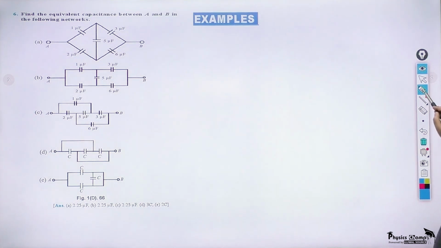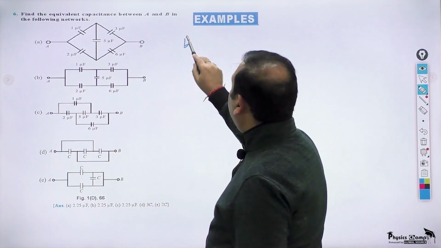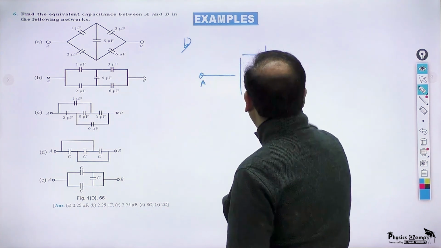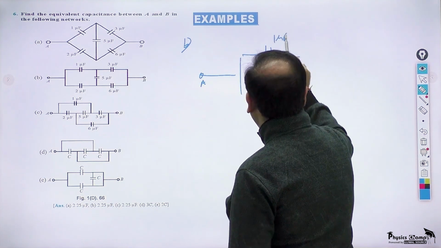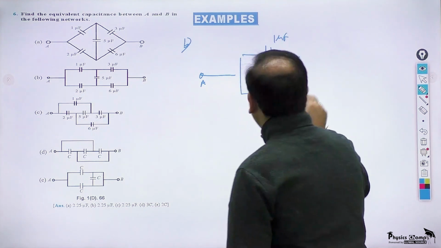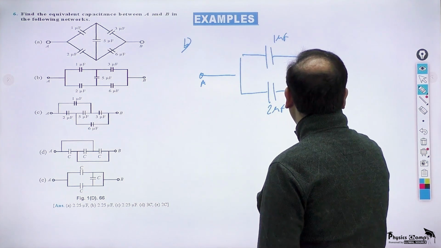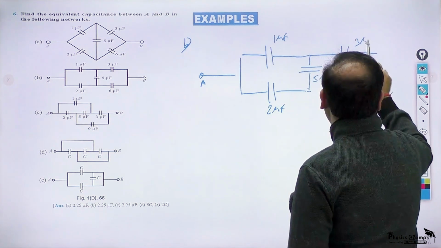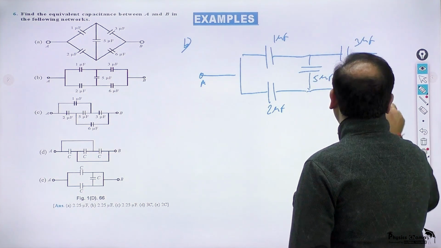Case B. Let's take case B. In case B, you have 1 microfarad, 2 microfarad, 5 microfarad, 3 microfarad and 6 microfarad.